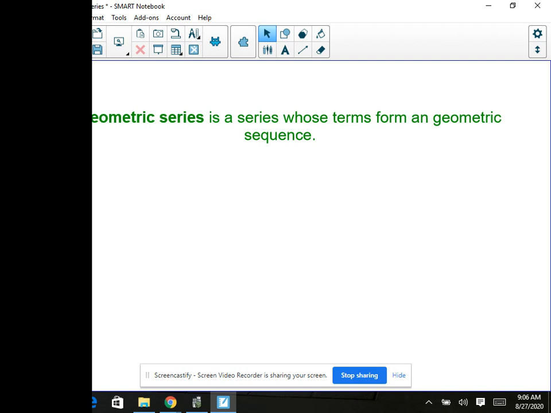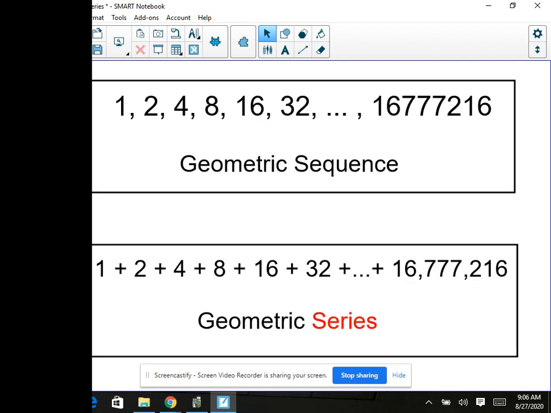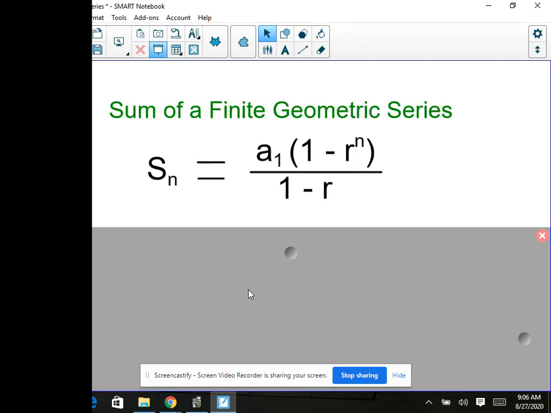Okay? Same thing, sequence, series. So here's our formula. We've got S sub n, still means the sum. We've got our first term.